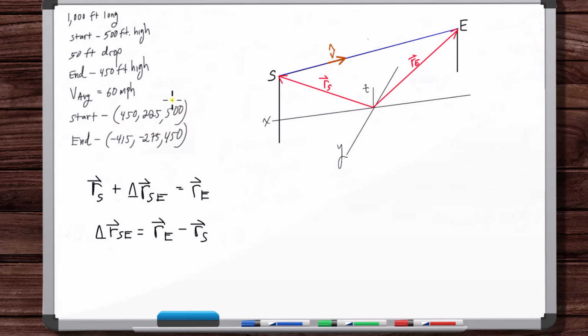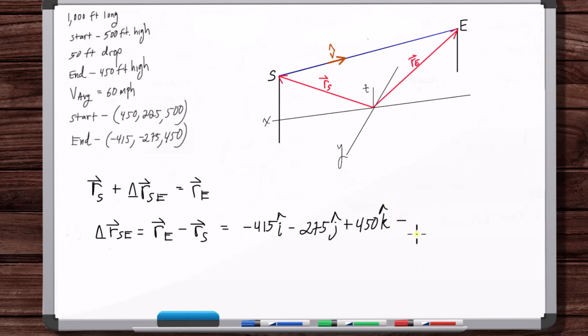Here are the components of the position vector of S. Here are the components of the position vector of E. So we start with position vector E, minus 415 i hat minus 275 j hat plus 450 k hat.